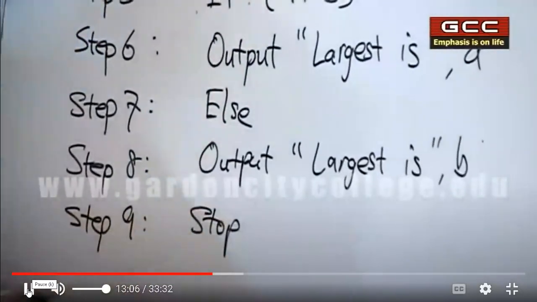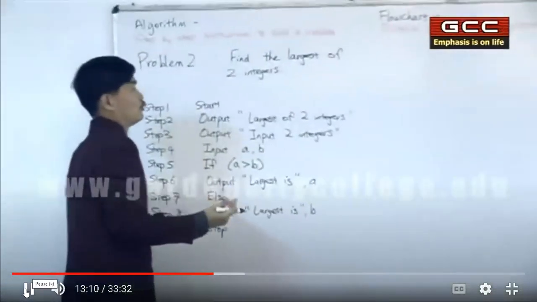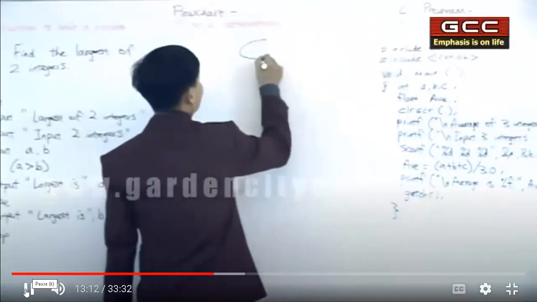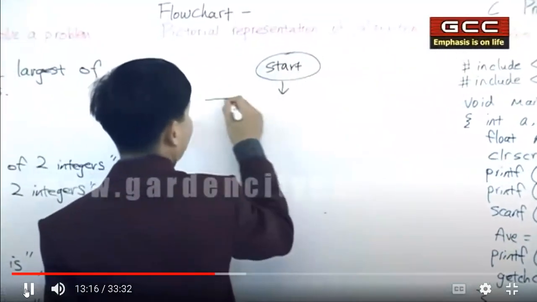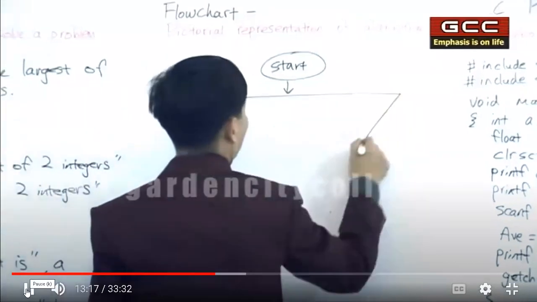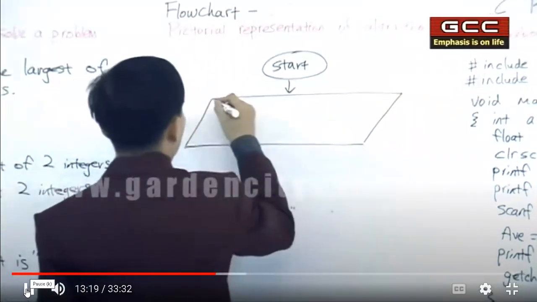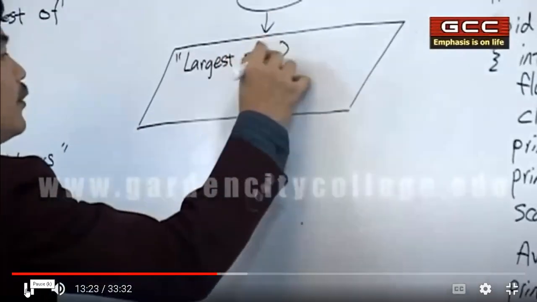Now if we look at the algorithm, we can draw the flow chart. Or vice versa, we can look at the flow chart and write the algorithm. So if I give you a flow chart, you're supposed to be able to write the algorithm. If I give you an algorithm, you're supposed to be able to write the flow chart. So the program is largest of two integers.